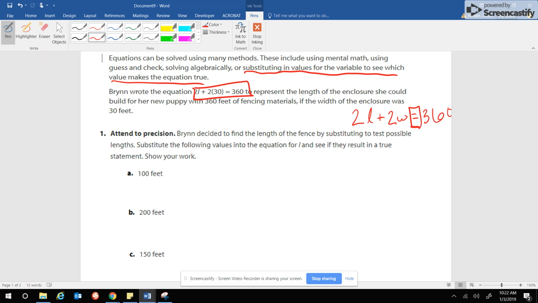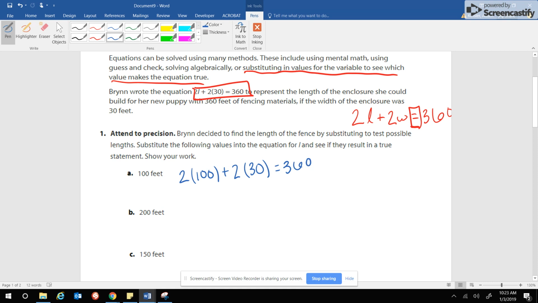So we'll start off with A at 100 feet. I'm just going to go in, substitute it exactly how it looks, just like we did with expressions. So 2 times L, which we're checking to see if it's 100, plus 2 times 30, which it already gives us, equals 360.